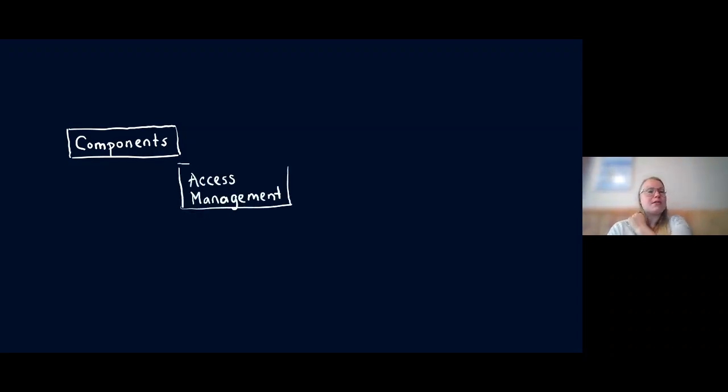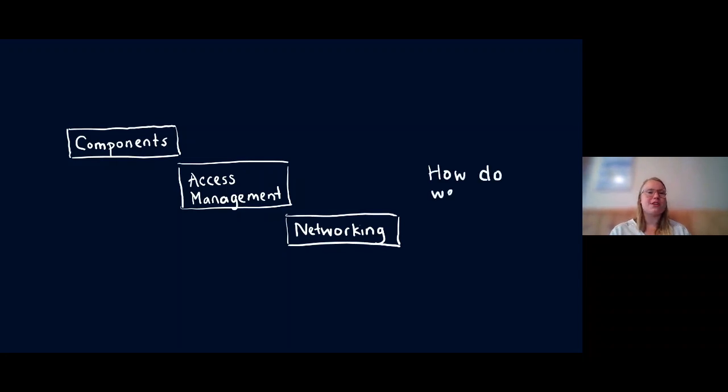We've also looked at how to do access management and also networking. So the question is, how do we use all this? Which components do I choose? How do I set up the access control? How do I do the networking in my specific scenario? That is always the question we're going to ask.